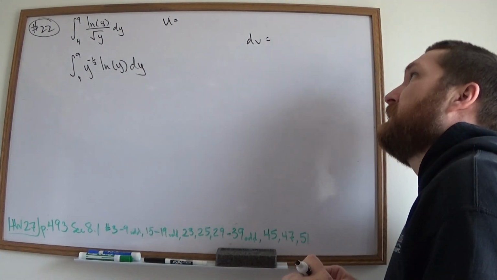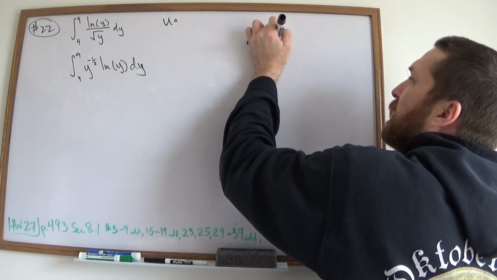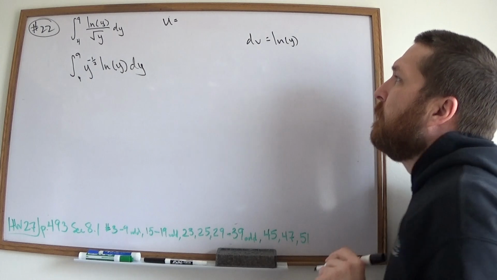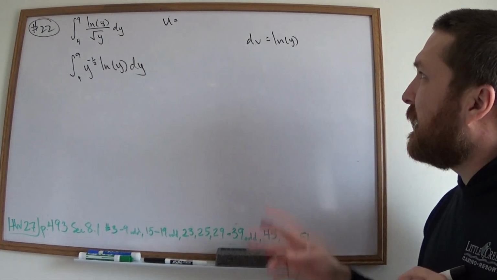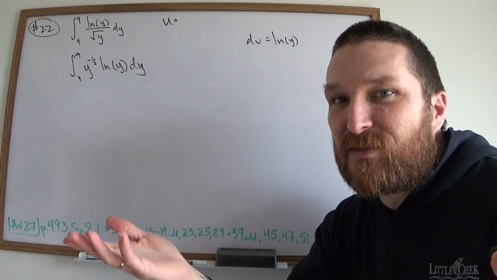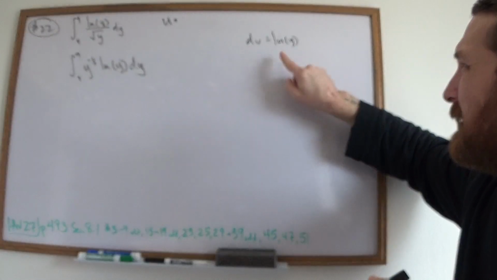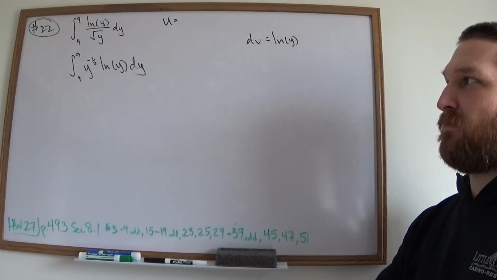So u and dv. Now here's the thing. We could try this right here. But right away, I mean, we happen to know what it is now because we just did this example. But right away when I see this, I think, wait, the antiderivative of log, that's going to make my life harder.